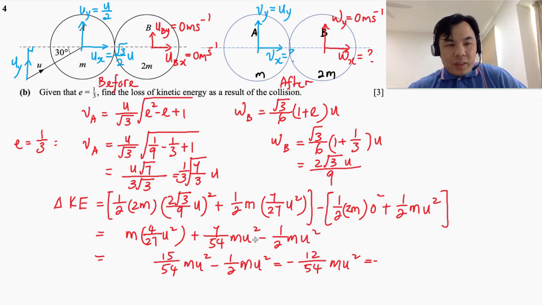Did I get it right? Okay, hold on. I think 3, sorry. So 8. So that is actually 2 over 9. So negative 2 over 9.